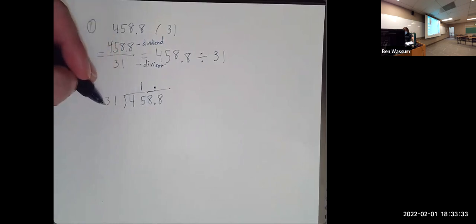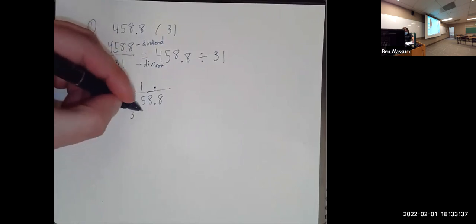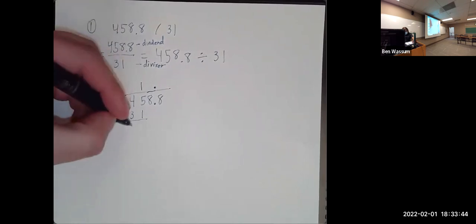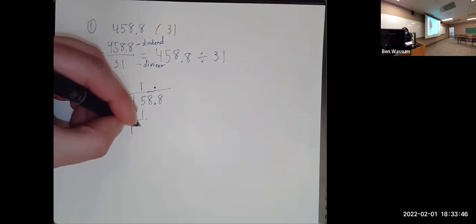Once. You take that one, multiply it by your divisor, put it directly underneath, and subtract. So 45 minus 31 gives you 14.